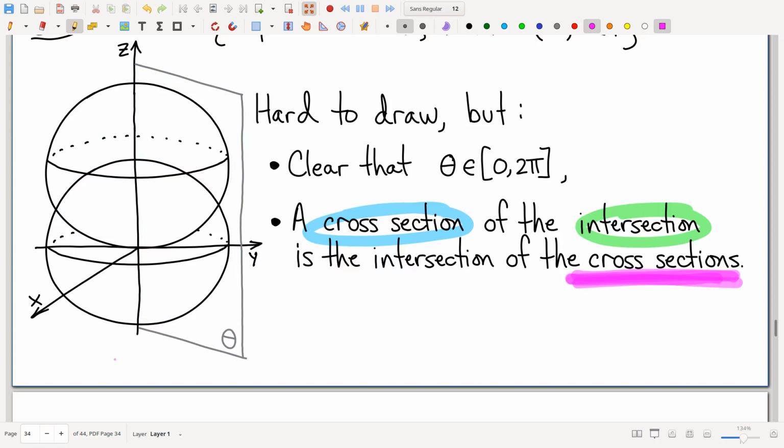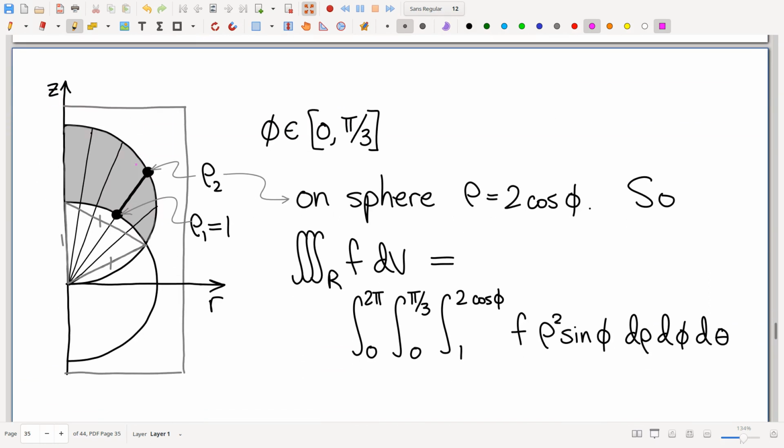Look at the cross-sections themselves, and the cross-section of that top sphere is just half a disk. That's easy. And you can look at the cross-section of our bottom sphere. That's just another half a disk. That's easy to draw, right? And with those drawn, it's pretty easy to talk about how they intersect.